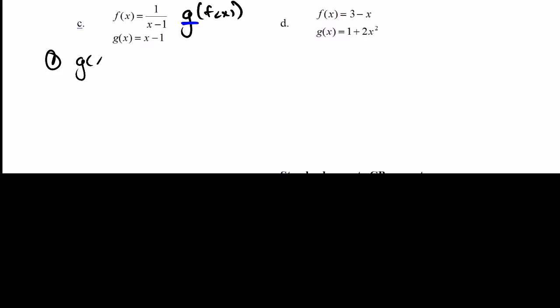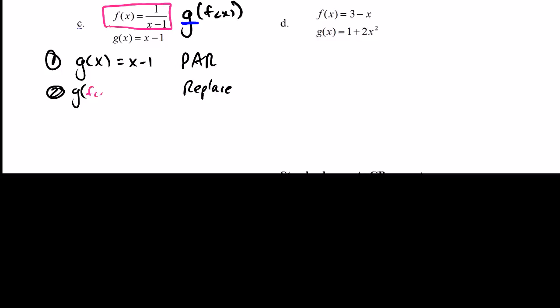So g of x is equal to x minus 1. So parent. Step 2, replace. We're going to replace all the x's in our g of x with f of x.